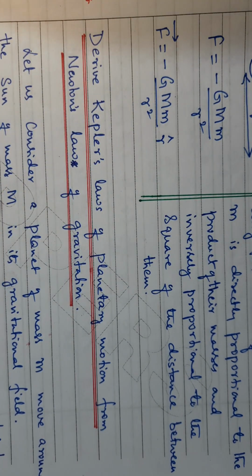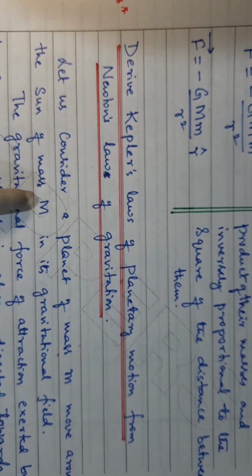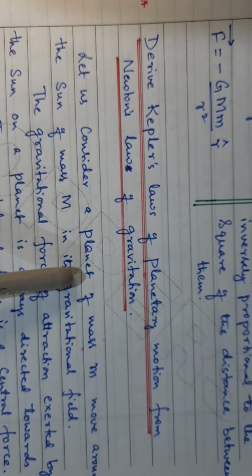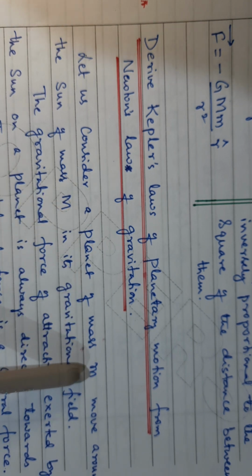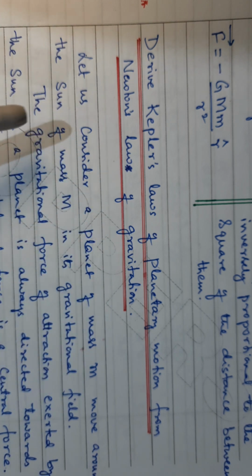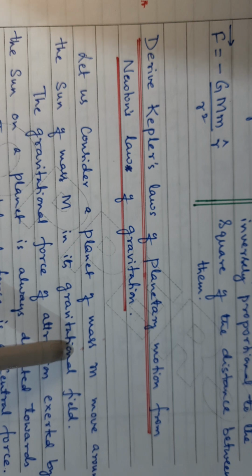Now we are going to consider the mass of the sun as capital letter M, where capital M represents the mass of the sun. Around that sun, consider a planet whose mass is small letter m, which is revolving in its gravitational field. Of course, don't forget, the sun produces a gravitational field.